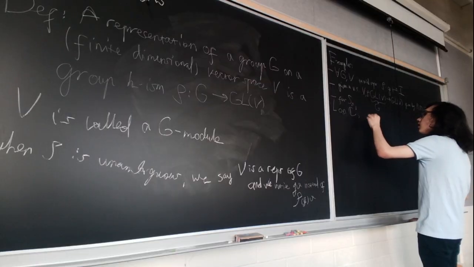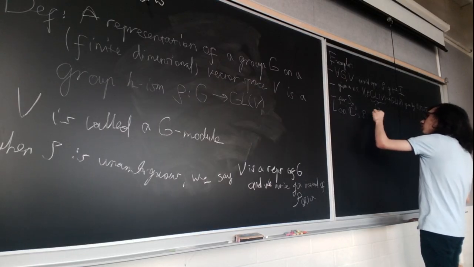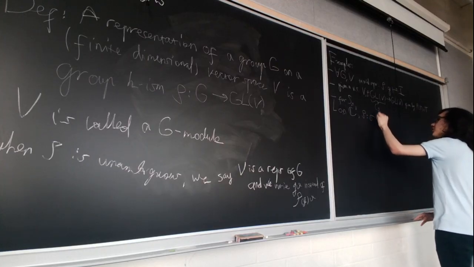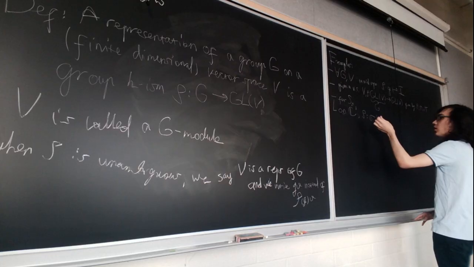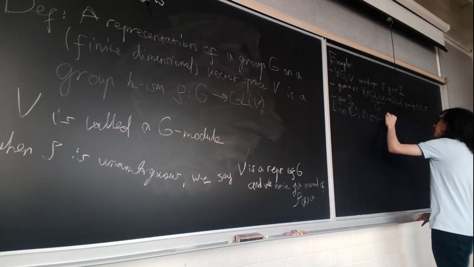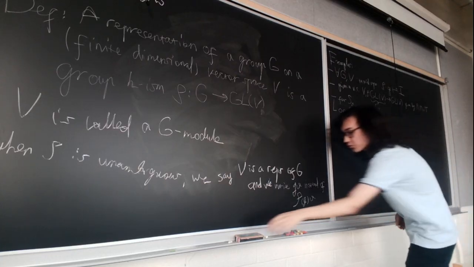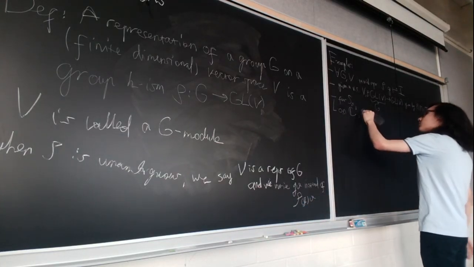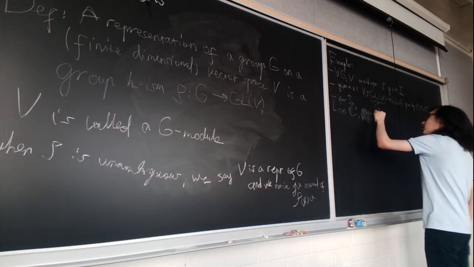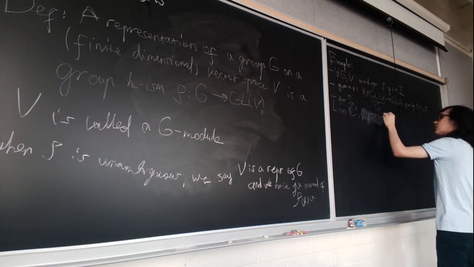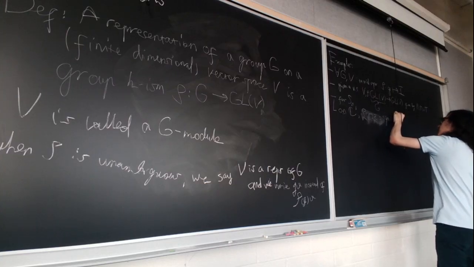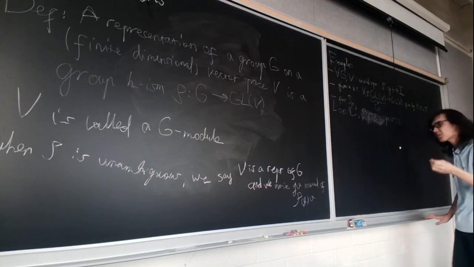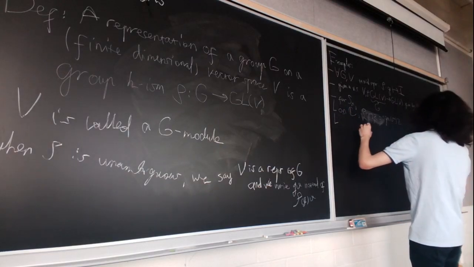On C^1, you can have rho sending a permutation sigma to multiplication by sign of sigma. So rho of sigma applied to z equals sign sigma times z. It's just multiplication by 1 or minus 1, depending on what permutation it is.